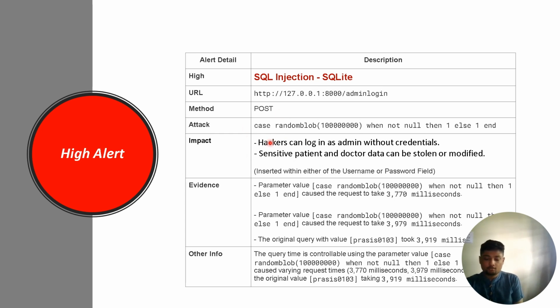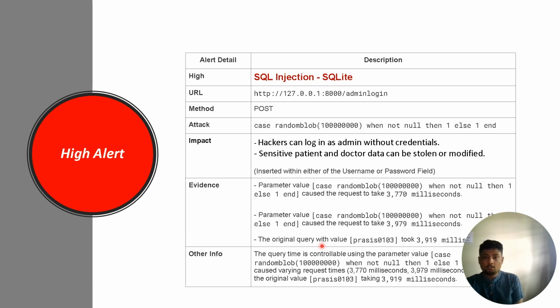For example, suppose we insert this long SQL query within the username or the password field in our admin page, it will generate or insert a huge blob, or binary large object, of data within our database, which can alter the response time of our database for different queries.